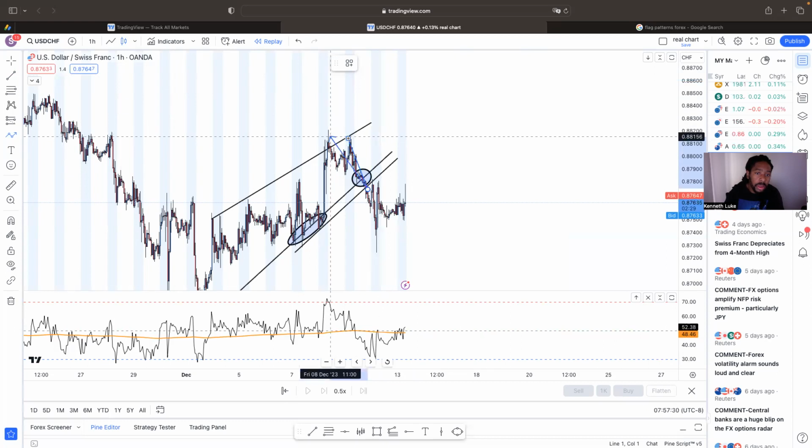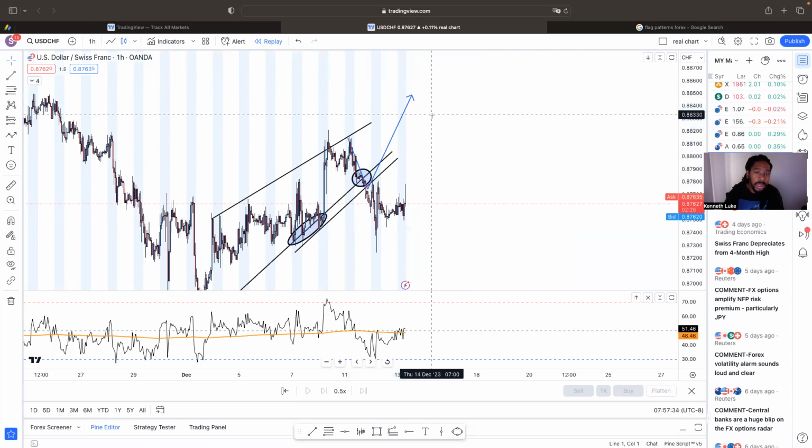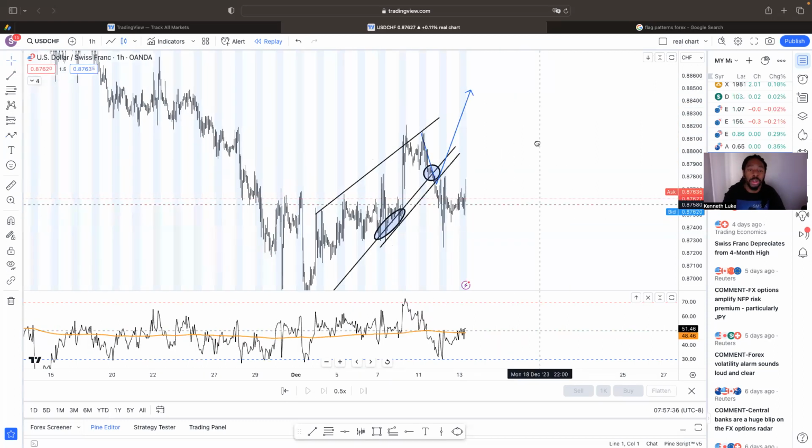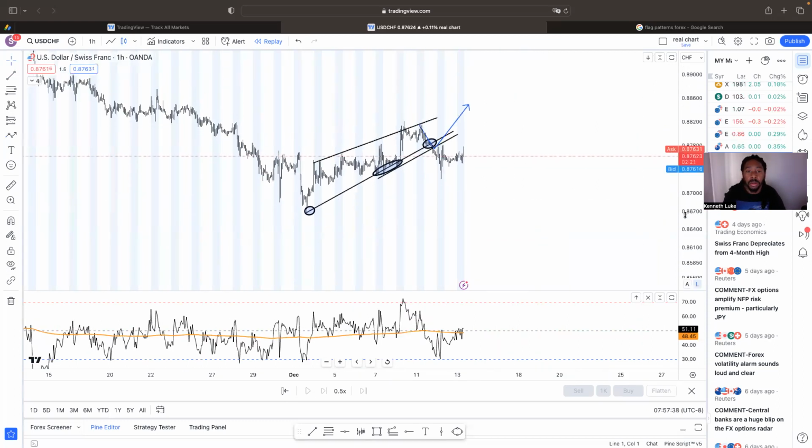So maybe this last high or this last high, and that's how most traders would think. It's going to go back to this high or this high right here. See how this high stopped it right here? Boom, boom, boom, pushed it down.